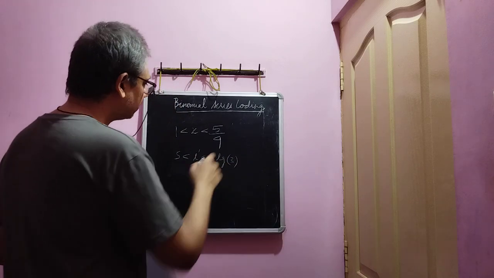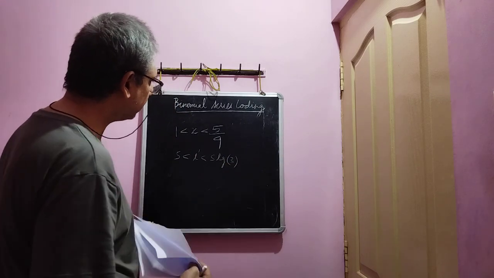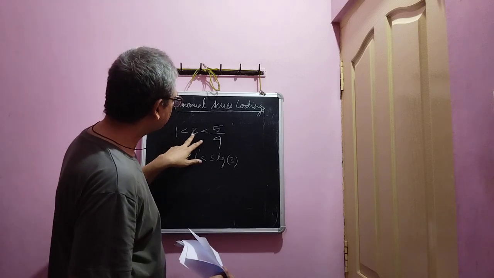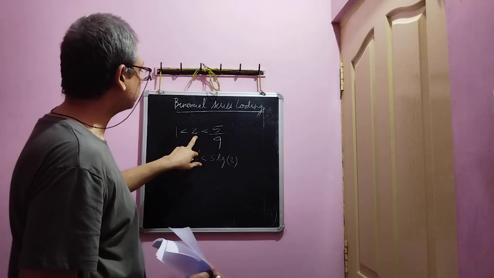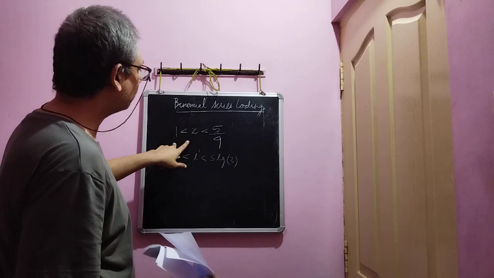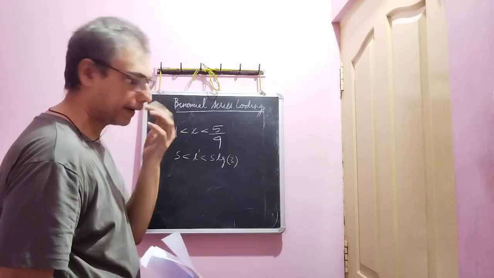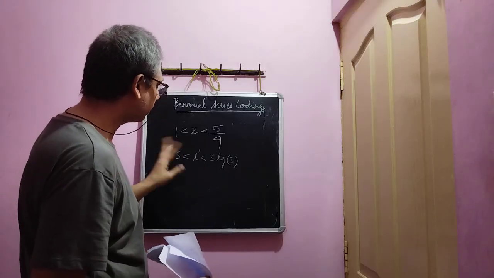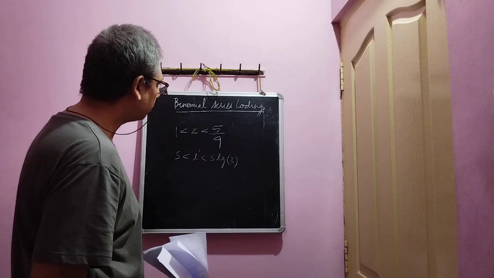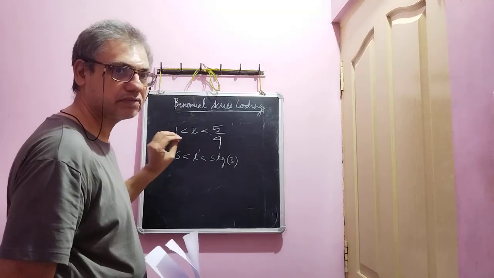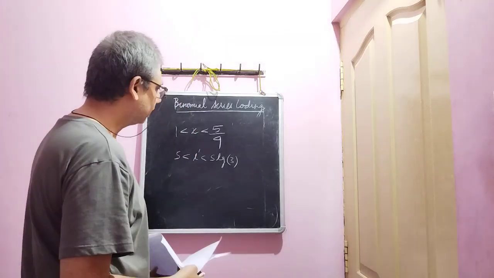So between s and s log 3 we must take a value L dash such that the value of x turns out to be between 1 and 5 by 4, excluding the endpoints, which can always be ensured for a given value of S.